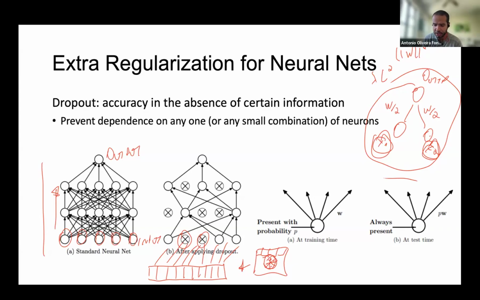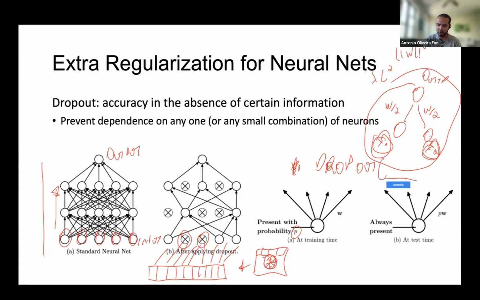This is conditioned by a probability of this node being present in every training step. Every time that I start a neural network, one thing that I can set is this quantity that we call the dropout.